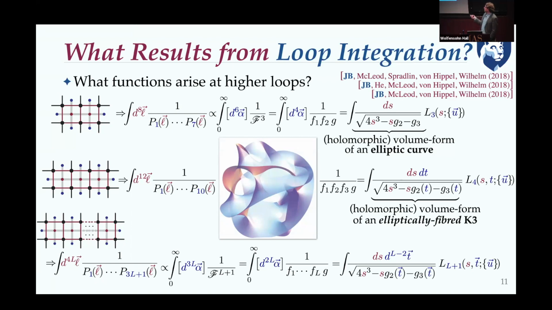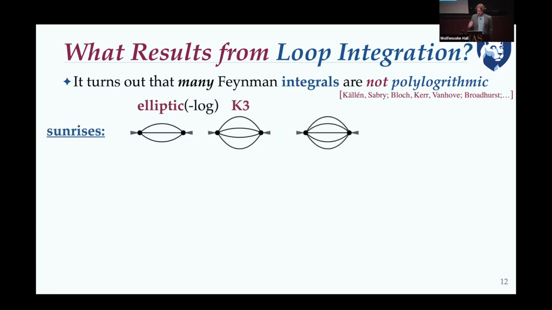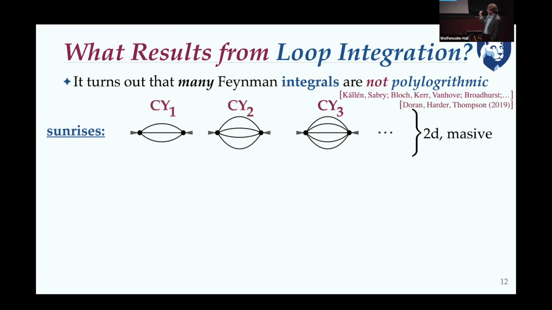So what do we actually see? We see polylogarithms, yes, but we also see some kind of Calabi-Yau periods or something like that. And it turns out that it's not that hard to find Feynman integrals, especially when you don't consider specific numbers, but functions. This 2-point function, in a massive theory in 2 dimensions, at L loops, you have a Calabi-Yau (L-1)-fold. An elliptic curve is a Calabi-Yau 1-fold.